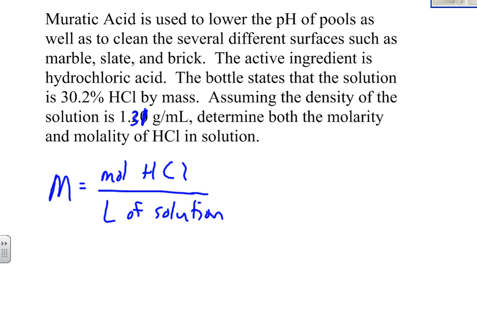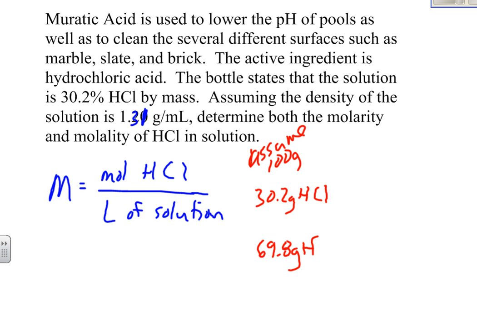So, given the percentage, what we're going to do is assume we have 100 grams of this solution. Then we would have 30.2 grams of HCl and 69.8 grams of the water. Now we'll use that later on in a calculation.